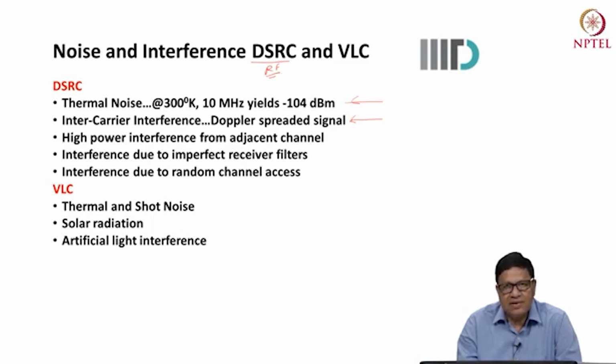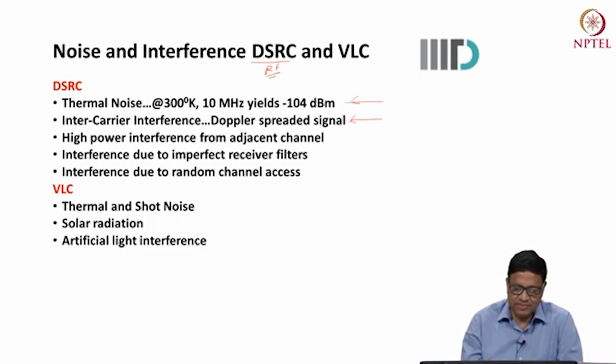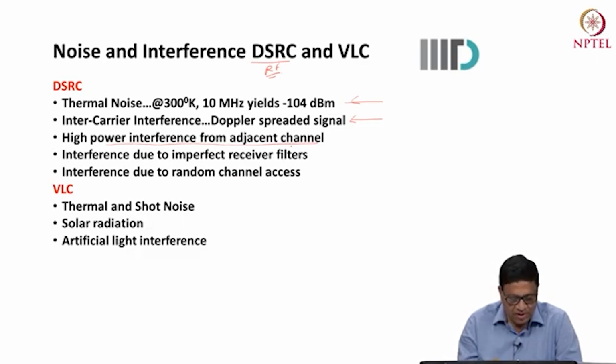As I mentioned earlier, if the transmission is using OFDM, then different subcarriers may interfere because of the Doppler effect, and the orthogonality will be lost. This will result in inter-subcarrier interference, which will degrade the performance of the communication. Then there is high power interference from adjacent channels. This may also be an issue in vehicle-to-vehicle communication, that is, the interference coming from the adjacent channel.